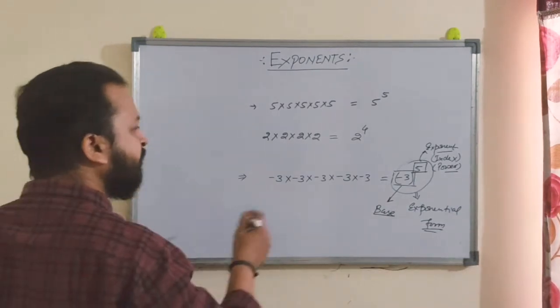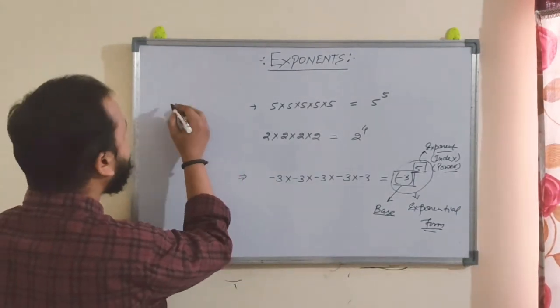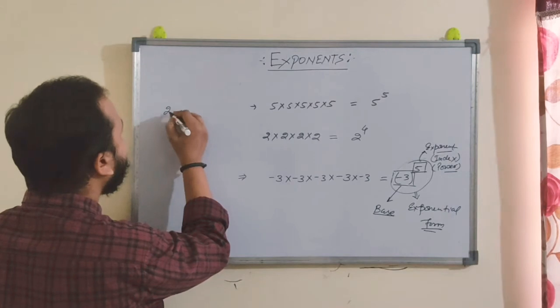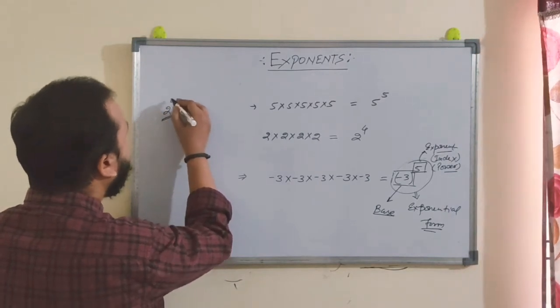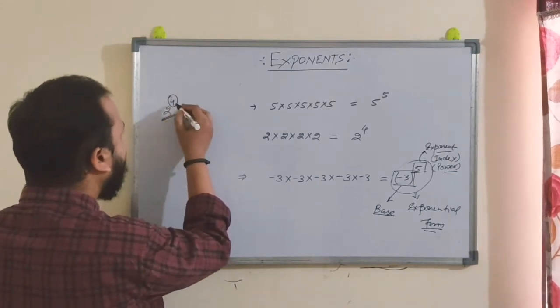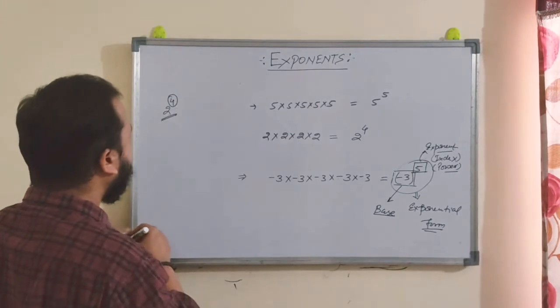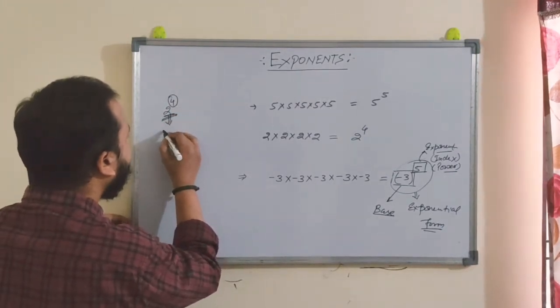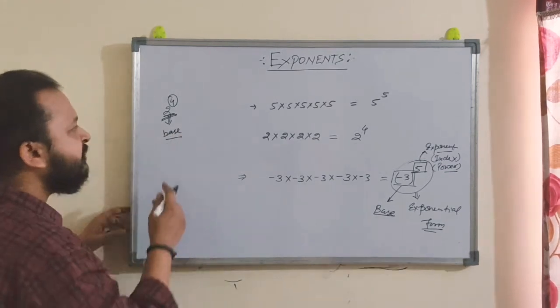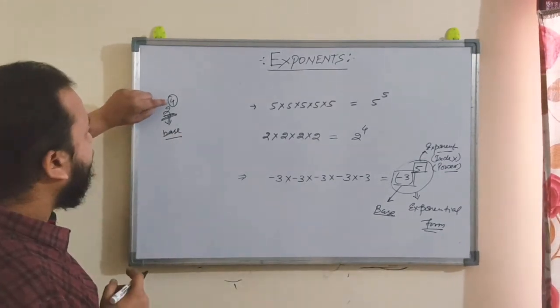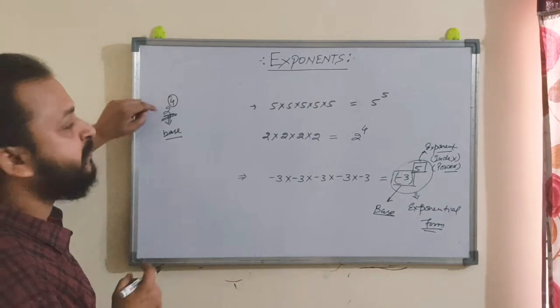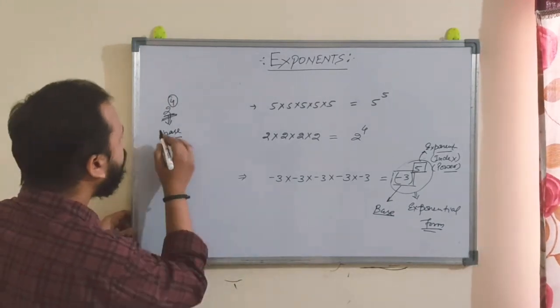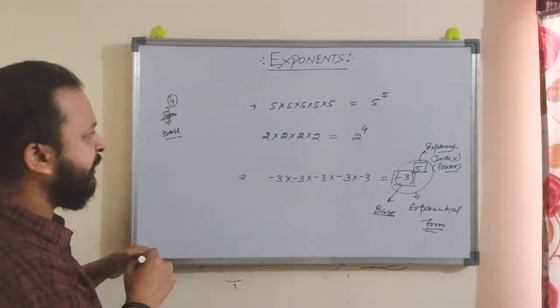So suppose anything is written in exponential form, suppose it is written as 2 power 4, right? So this power or this exponent says that this base value is written this many number of times. Suppose here 4 is given, so it means base is written 4 times.